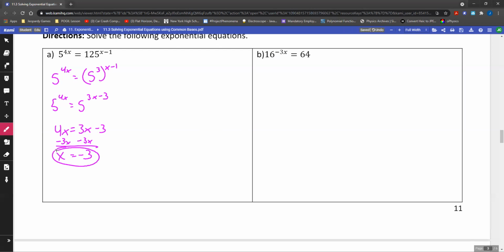For part B, this can be rewritten as 4 squared to the -3x. And the 64 can be rewritten as 4 cubed. This simplifies as 4 to the -6x, setting the exponents equal to each other. You get this, which actually simplifies to 1/2.